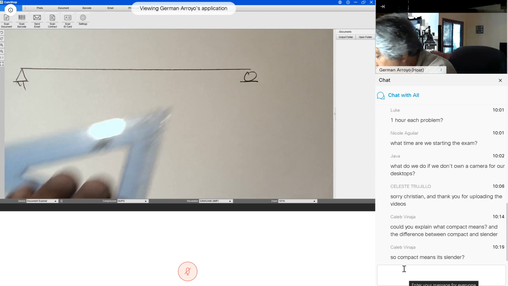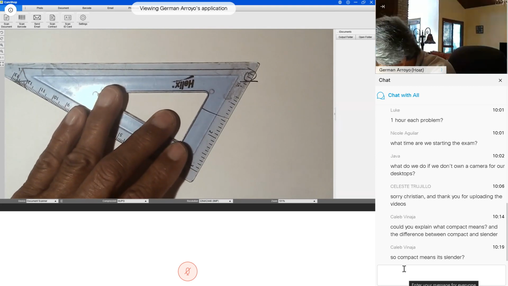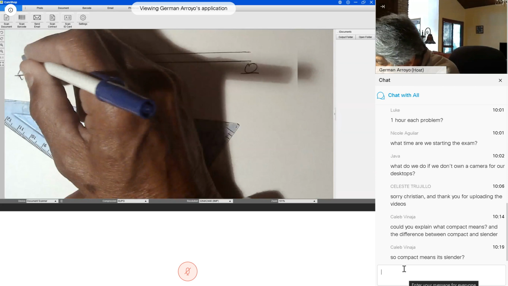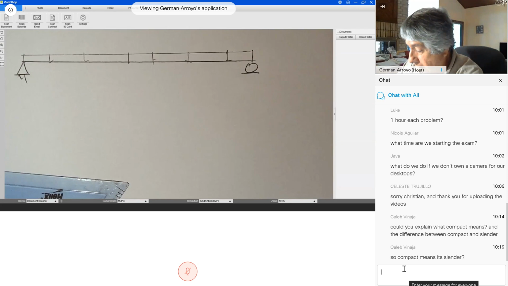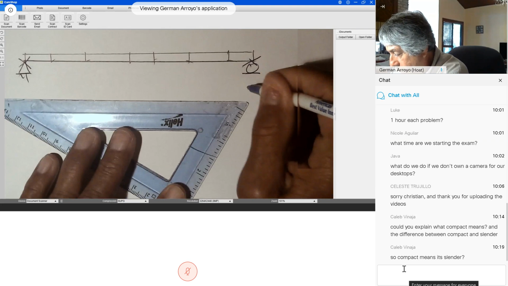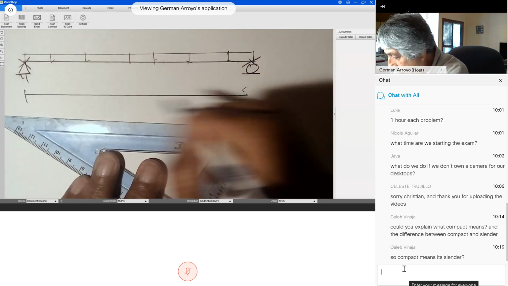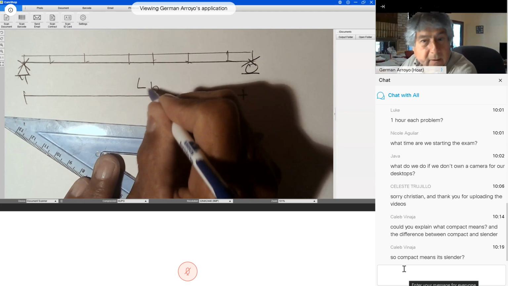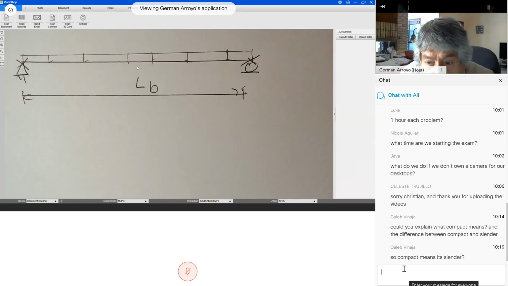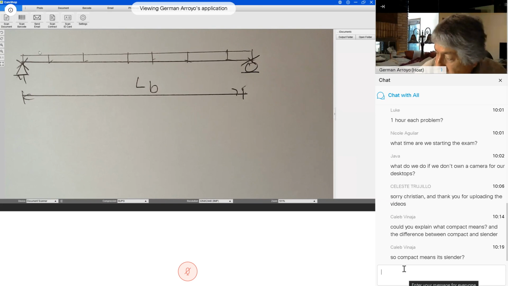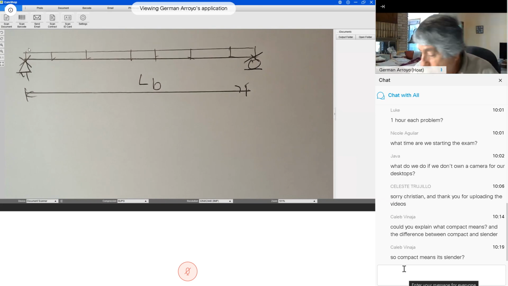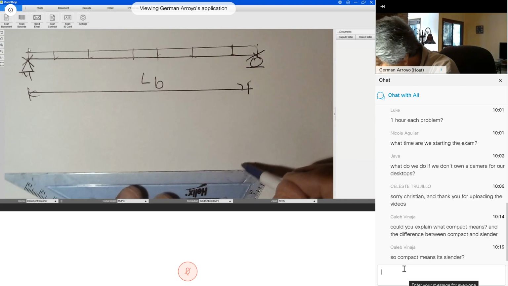Typical beam with uniform load. I'm going to put an X and X. It means that all of this is Lb, so the lateral support is only here, and lateral support only here. The moment diagram looks like that.